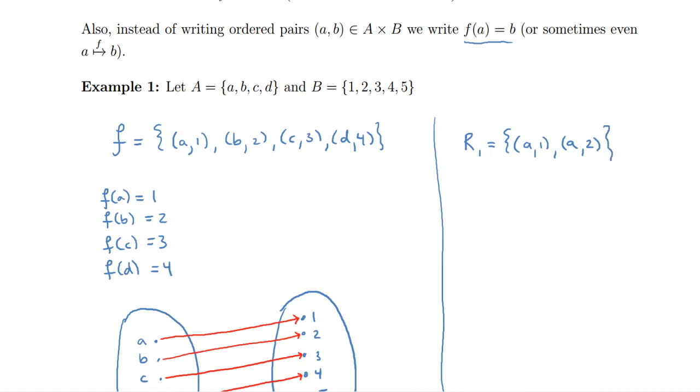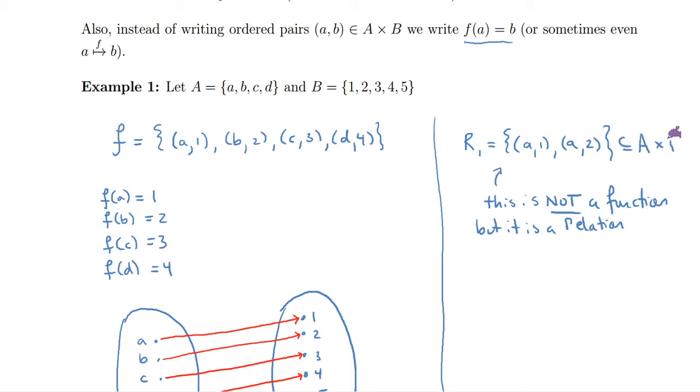Now, you can draw arrow diagrams for relations. Right away, I can already say that this is not a function. But it actually is a relation, and the reason is that as long as it's a subset of the Cartesian product of A and B, then it is a relation.